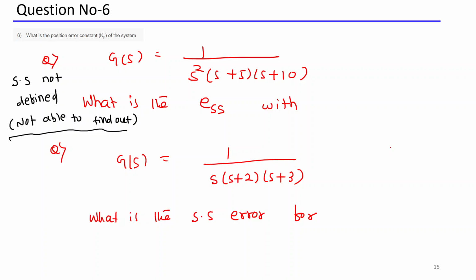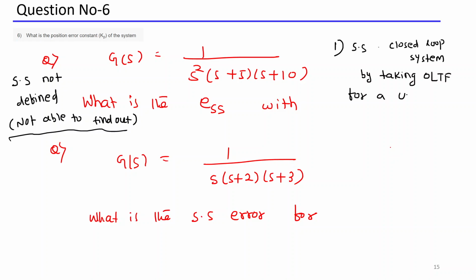I'll discuss this last, but remember that the first point for steady state error, let me write down this note. The first point is that you have to find it for a closed loop system by taking the open loop transfer function for a unity feedback system.